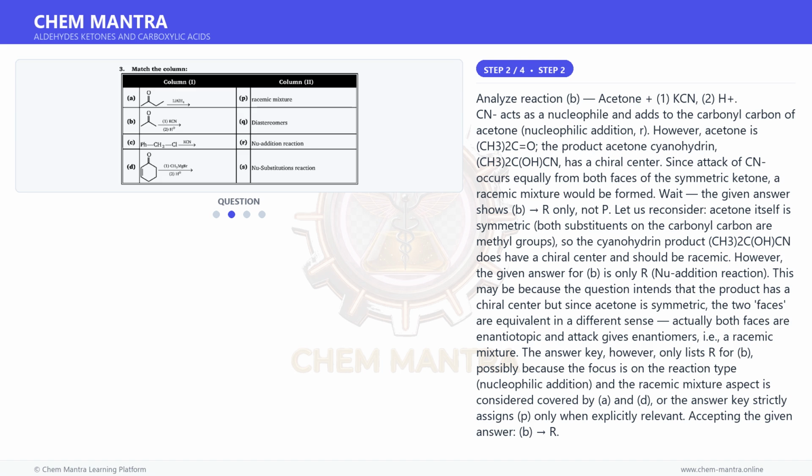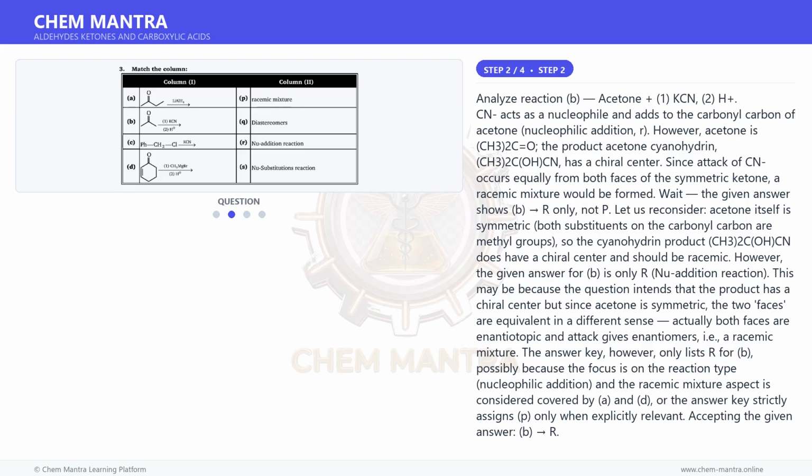Wait, the given answer shows B, R only, not P. Let us reconsider. Acetone itself is symmetric. Both substituents on the carbonyl carbon are methyl groups, so the cyanohydrin product should have a chiral center and be racemic.